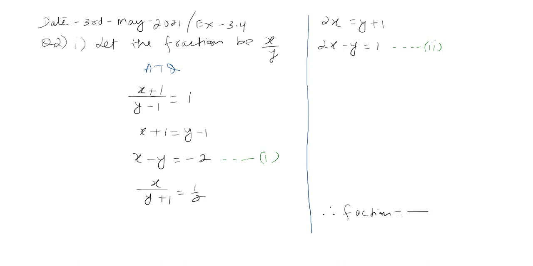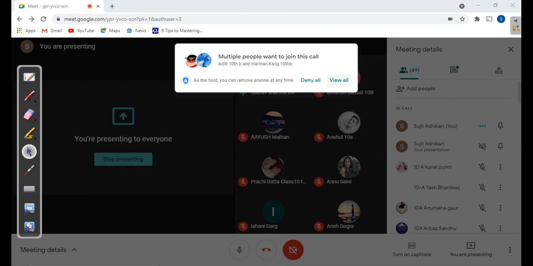That will be the correct way of putting the answer. Right? Any kind of doubt? Anyone? Understood, everybody? Right.